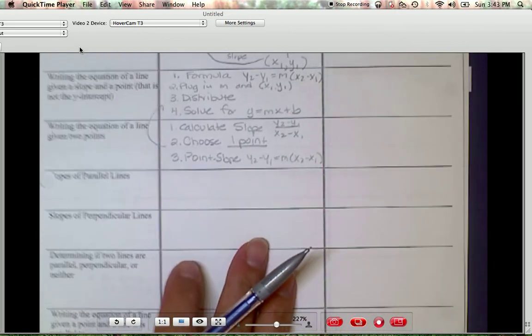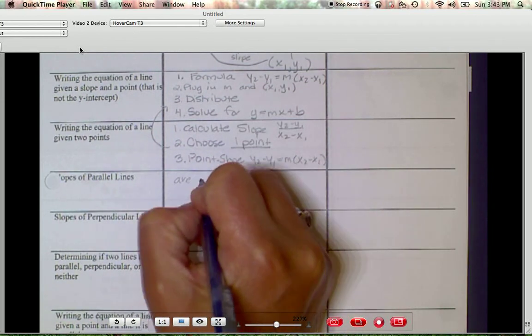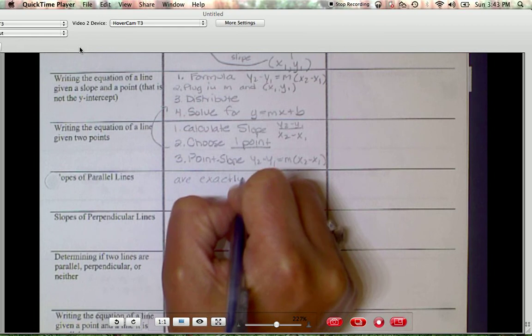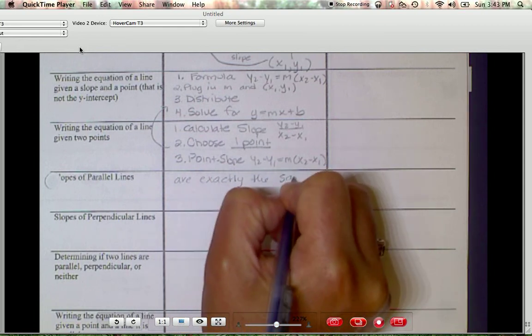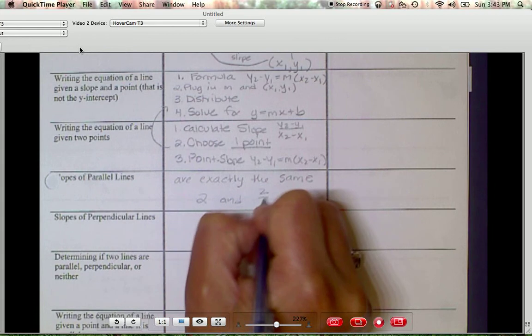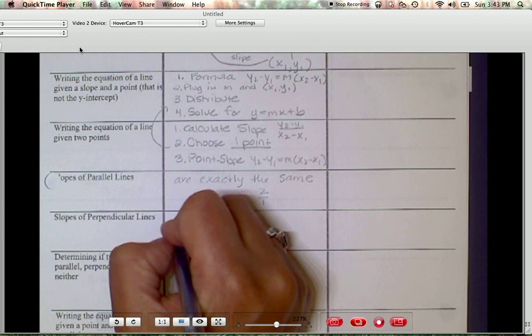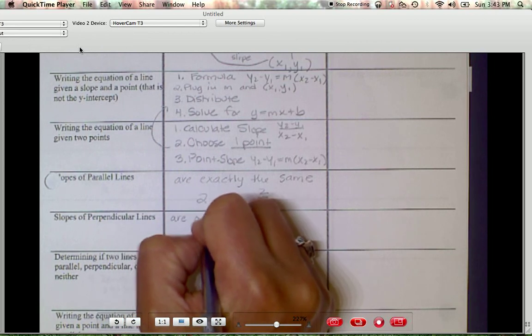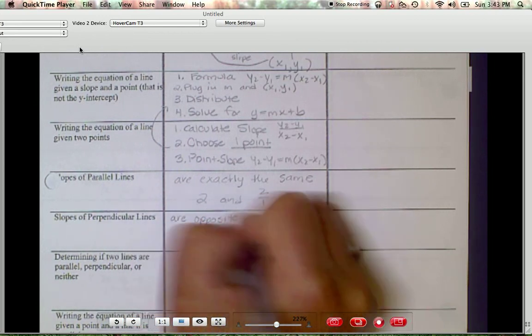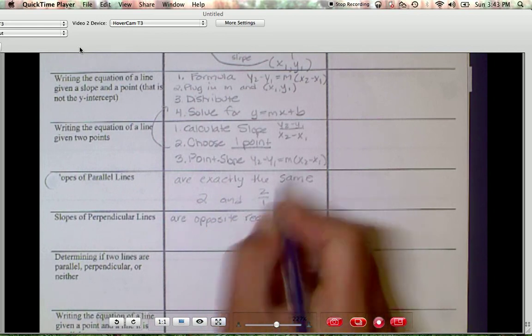Slopes of parallel lines are exactly the same. So for example, 2 and 2 over 1. Slopes of perpendicular lines are opposite reciprocals of each other.